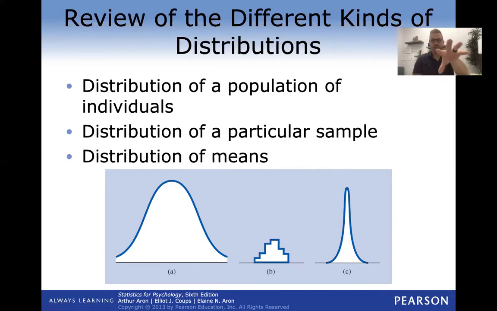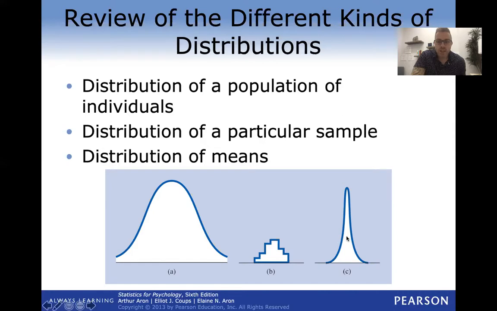So I get our class, I get all your stress levels, and I get the average of that. I put our class's average in here, then I get a biology class's average and put it in there, then a math class and a reading class. So I'm getting all these different scores, but what's happening is I'm taking the sample's average score and putting it into the distribution.